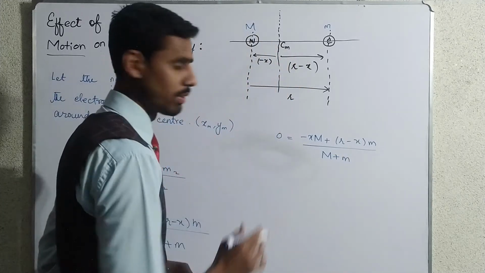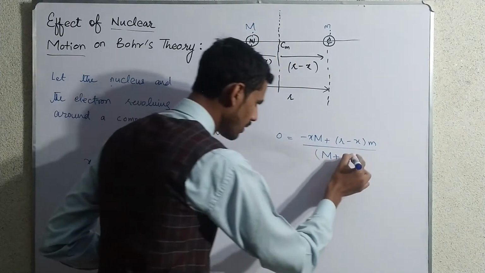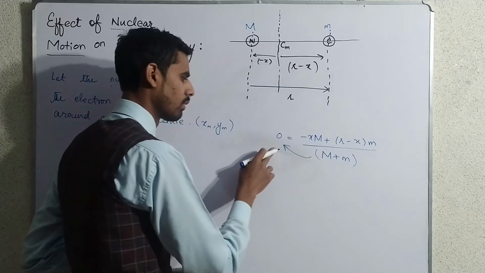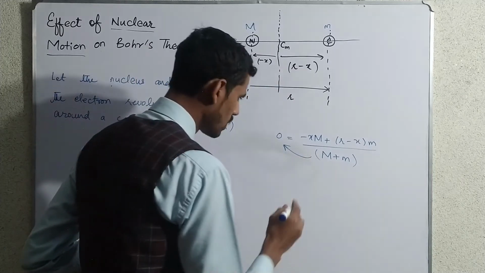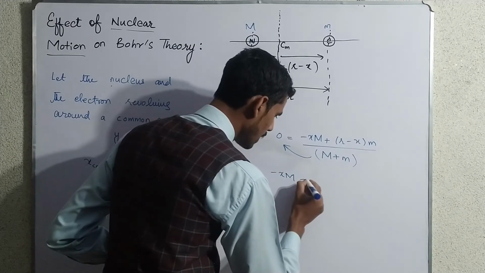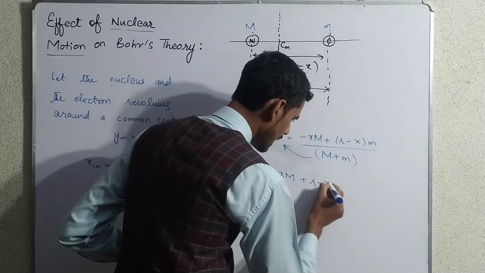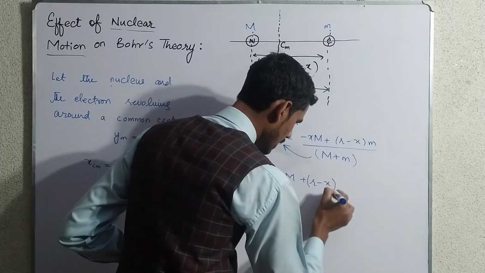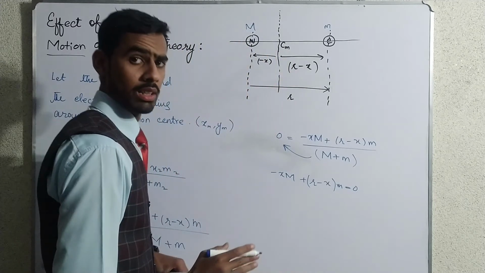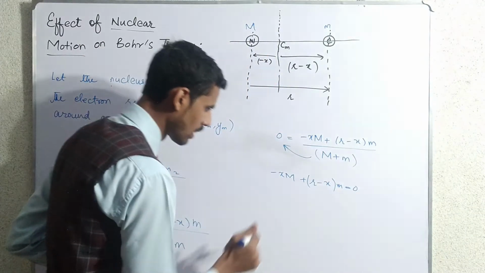So this will be our equation. This term multiplies here and equals 0. So now minus x M plus R minus x m equals 0.